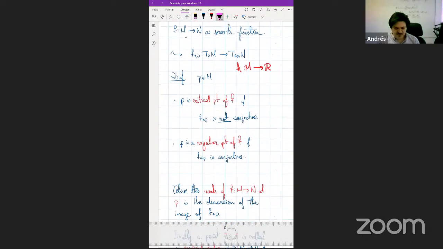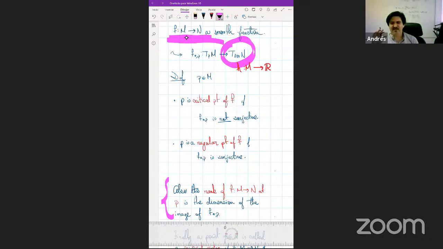And something that will be useful later on, we will not use it this class, but later, the rank of a smooth function is exactly what you expect. The rank of a function at P is the dimension of the image, right? And this makes perfectly good sense if you recall your knowledge of linear algebra.